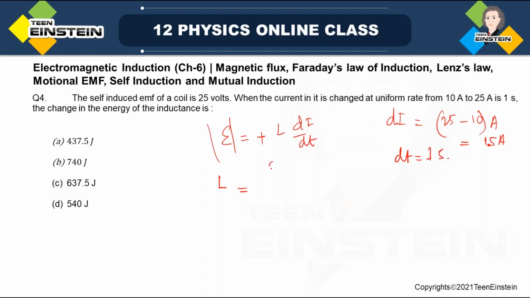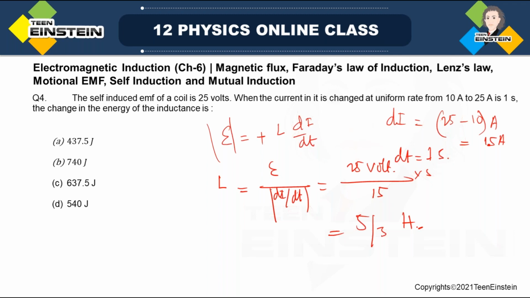Then we will be able to find out L by E by di/dt. So this E is given as 25 volts, EMF. Di is 15, di/dt is 15 ampere per second. So volt second will be joule, right? So this will give you 5 by 3 Henry. This is in Henry.